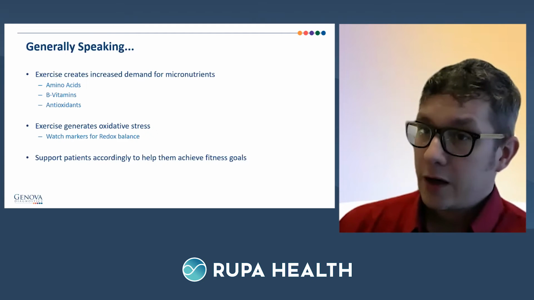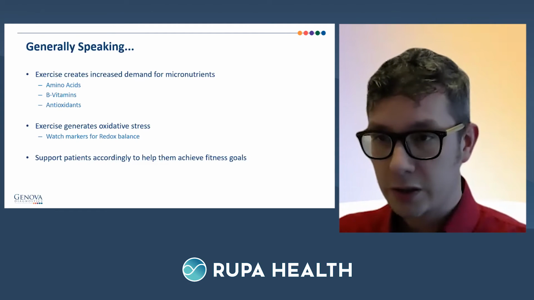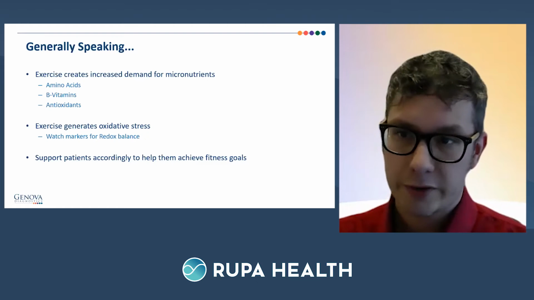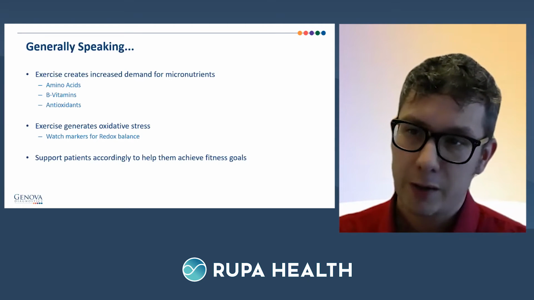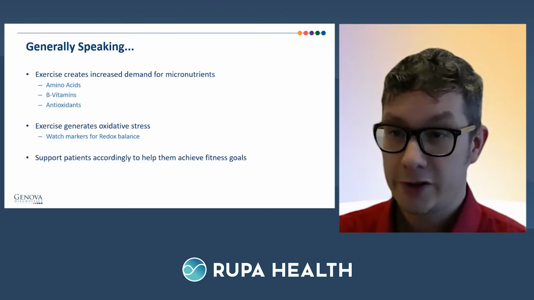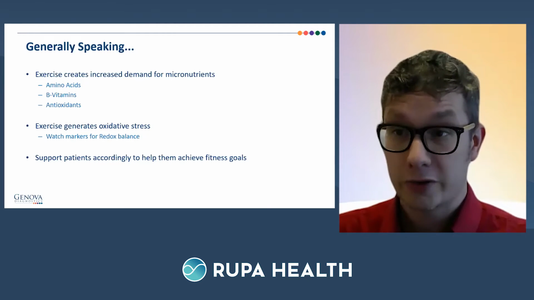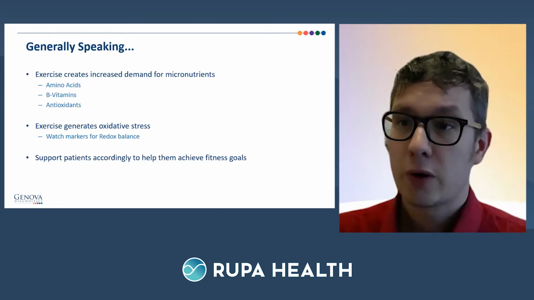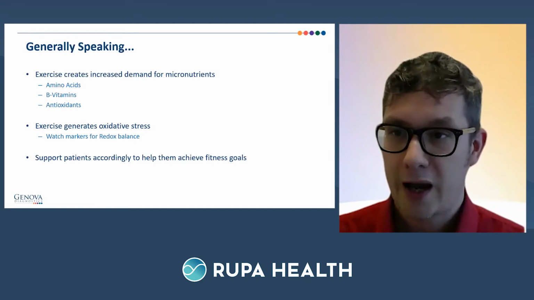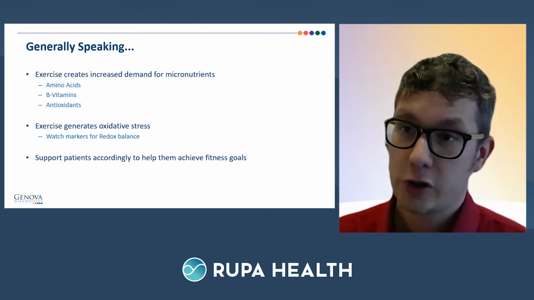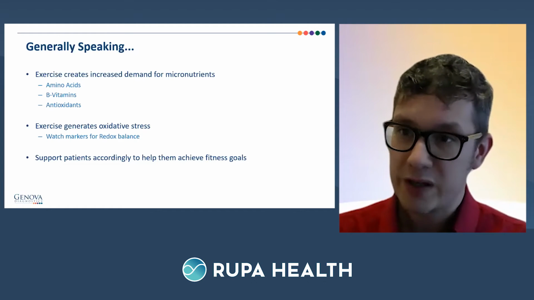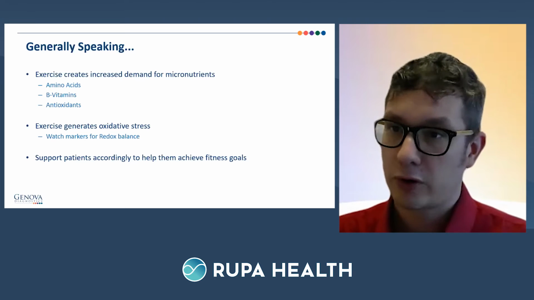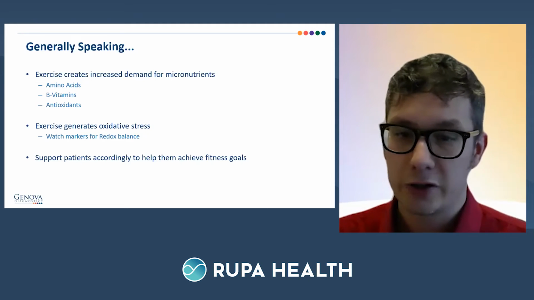Amino acids, because they are turning over protein so quickly. Amino acids are super important, making sure that those are adequate. And then B vitamins, because if you think about it, with all that energy creation that's needed to exercise vigorously, you are running those energy production pathways very, very hard. And as we showed at the beginning, the mitochondria rely heavily on B vitamins to do that whole Krebs cycle production of energy.